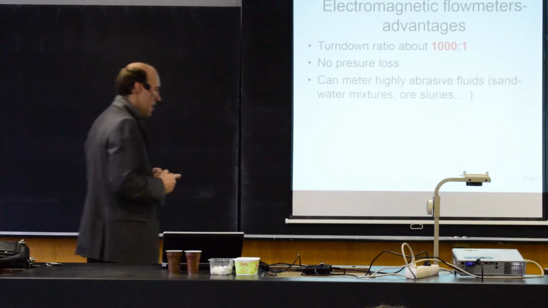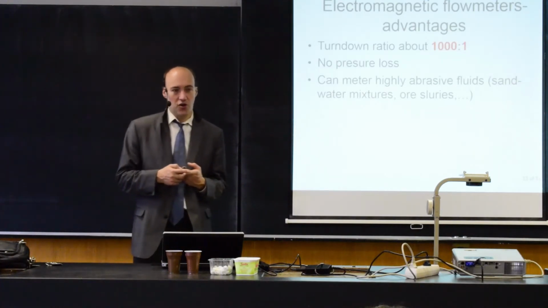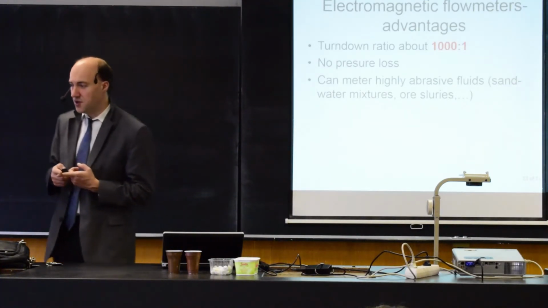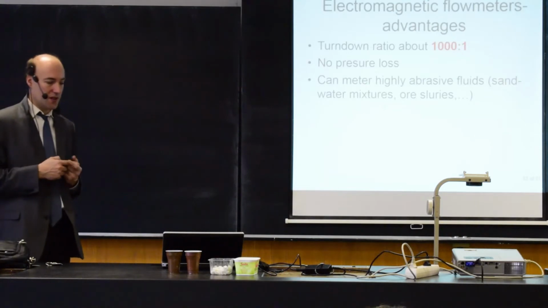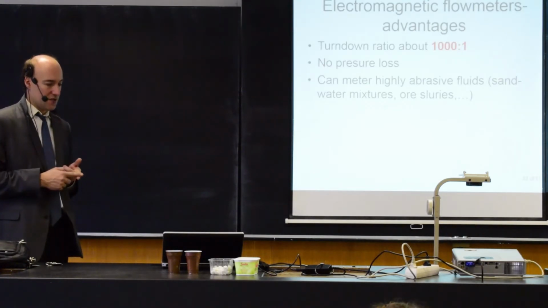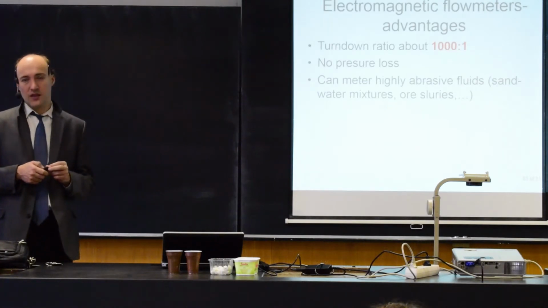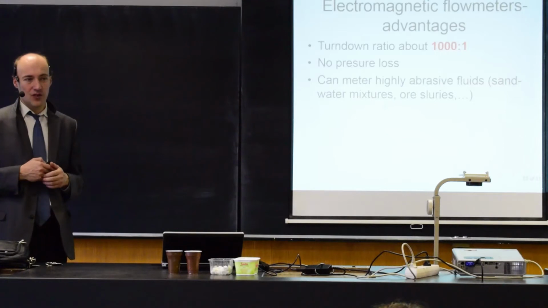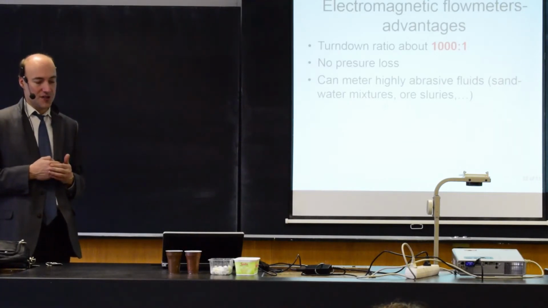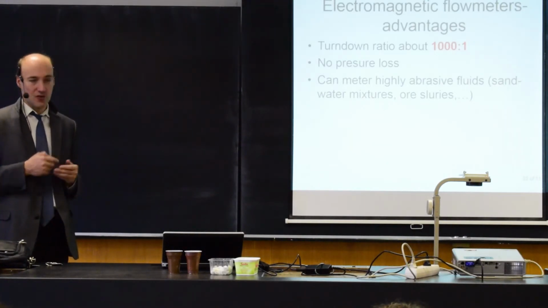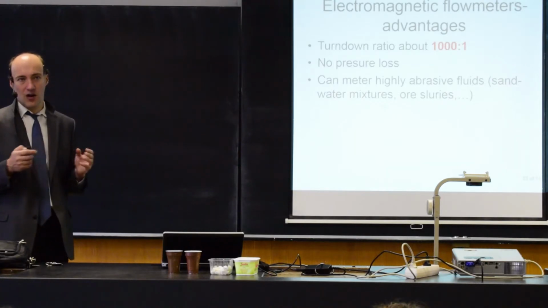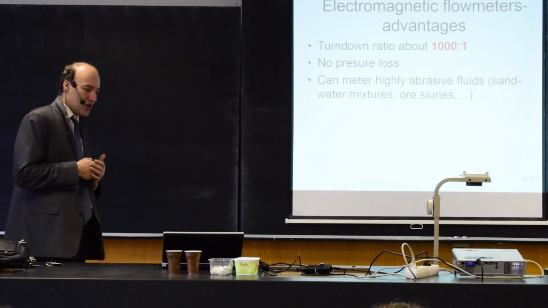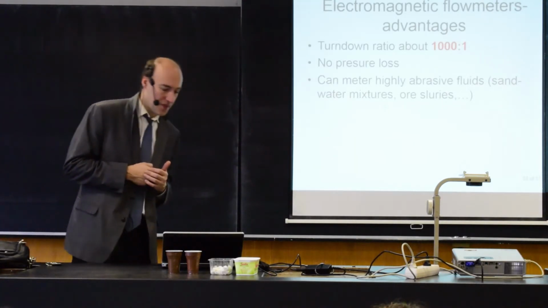It has a very large turn-down ratio, so the ratio between minimal and maximal flow it can measure. So this electromagnetic flow meter has a turn-down ratio of about 1000 to 1. The ultrasonic had 50 to 1, and the Orifice plate had 5 to 1. So this can measure in a really large range of flows.